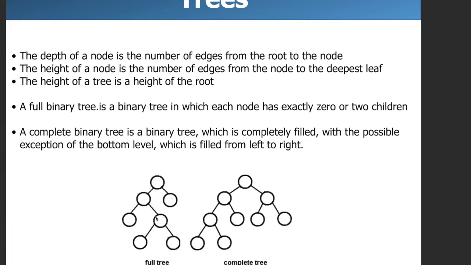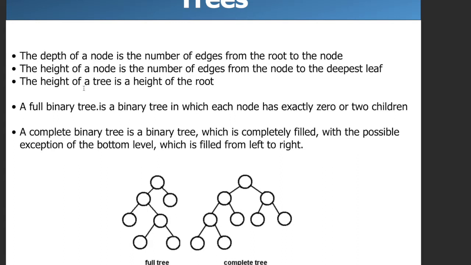So the depth of this node is 2. The height of a node is the number of edges from the node to the deepest leaf. So let's say I want to calculate the height of the same node. I just need to calculate the number of edges to the deepest leaf, and the deepest leaf will be here. So it's 1. The height of this node is 1.